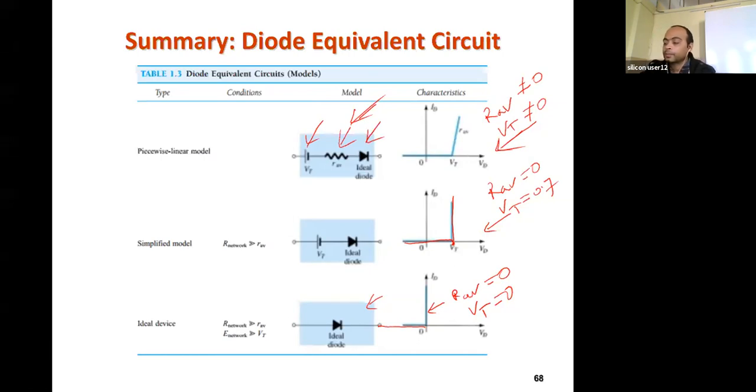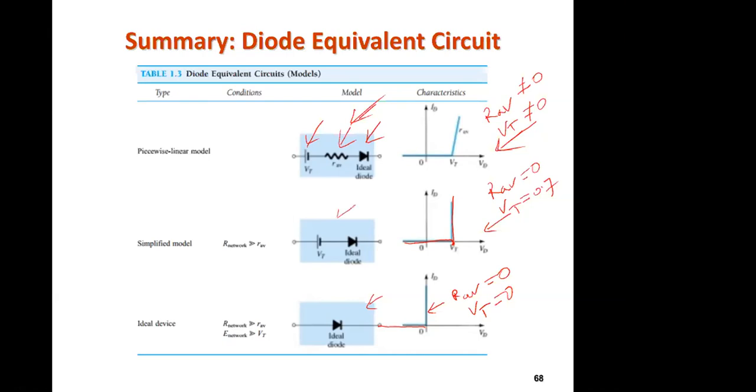In the second case, it is a simplified model. We are assuming that after threshold voltage VT it is starting conduction and the current is flowing infinitely. When the input voltage is more than the threshold voltage, the current becomes infinite, or it is providing zero resistance. So that's why this is the model for the second case.